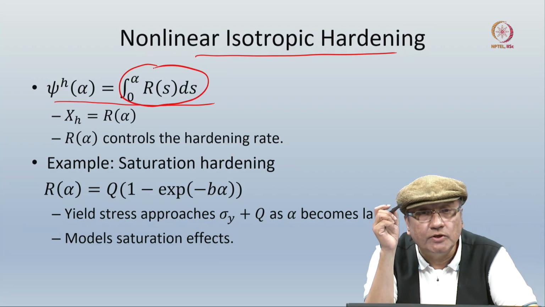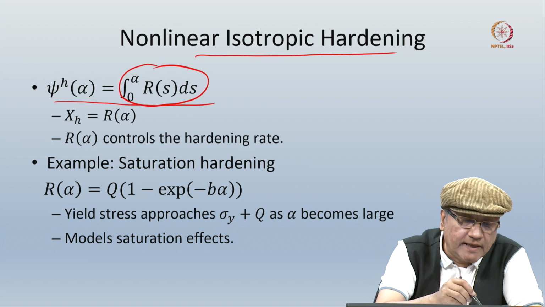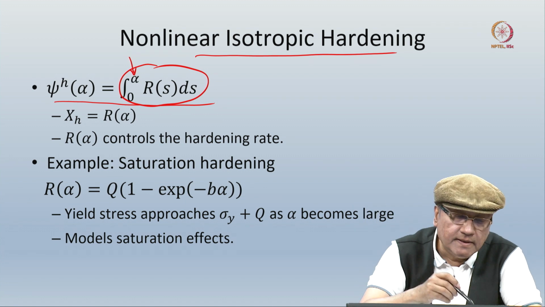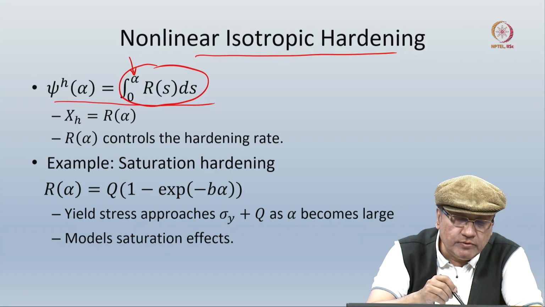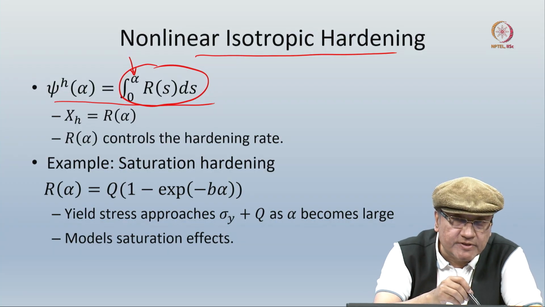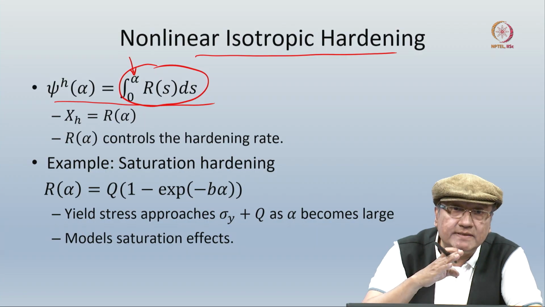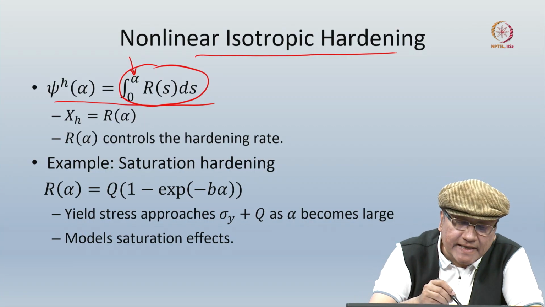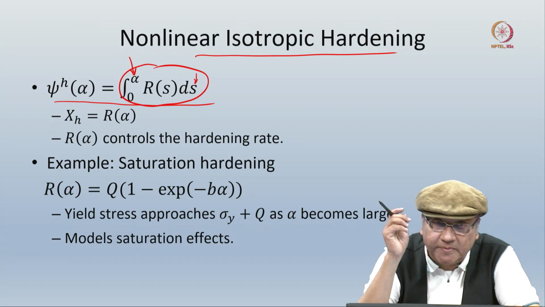So, integral 0 to alpha, that variable alpha itself comes as part of the limit of this integral r s ds. Since the limits are over the hardening variable itself, this s is a dummy for the hardening variable.